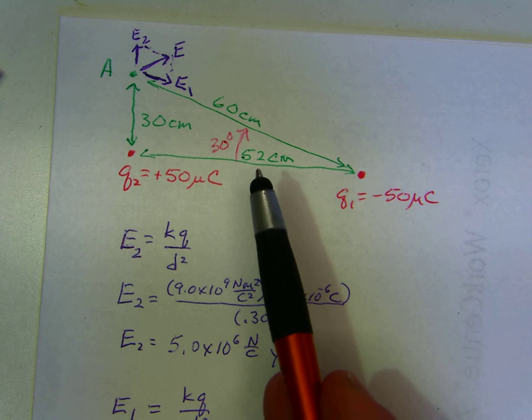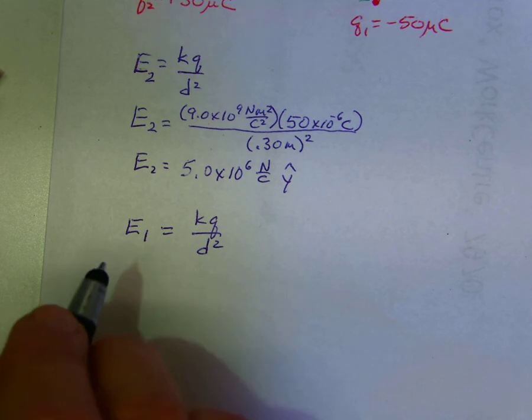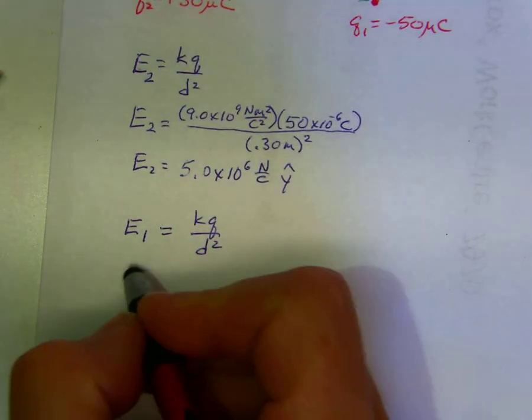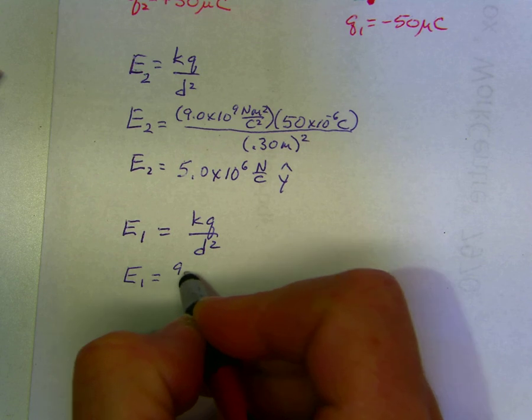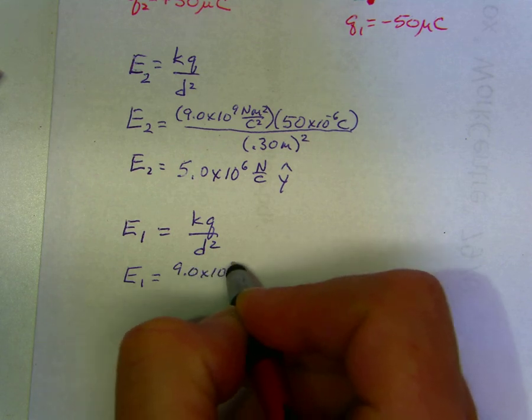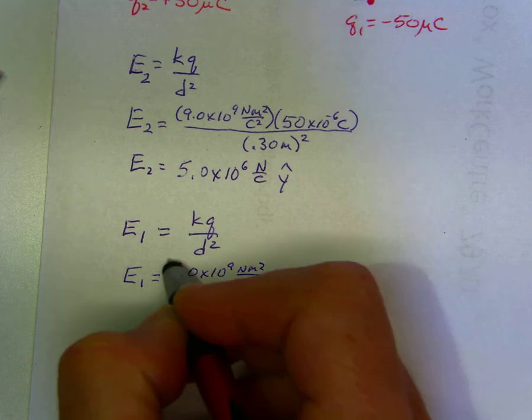But now our distance is 0.6 meters. And once we get our answer, we're going to have to break it up into a part in the x direction and a part in the y direction.